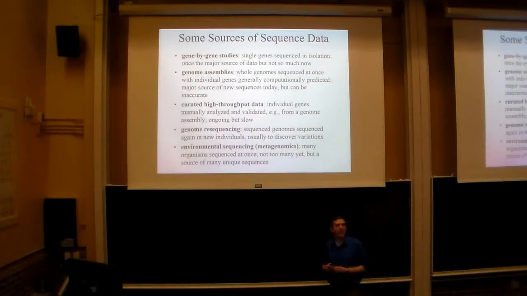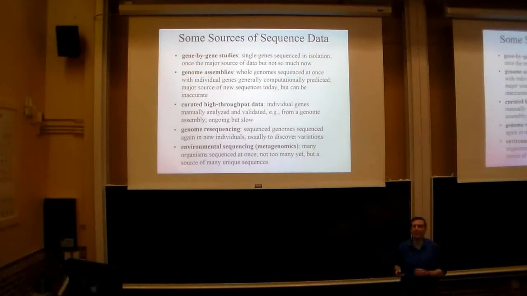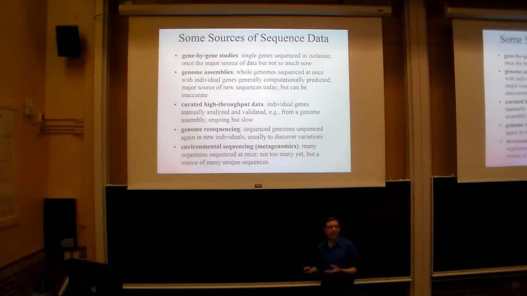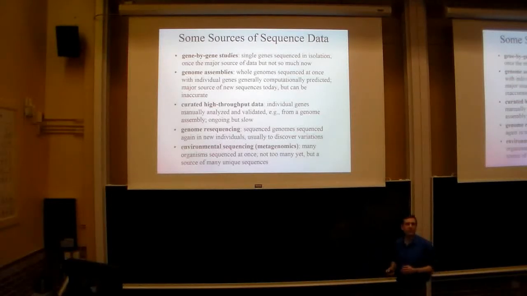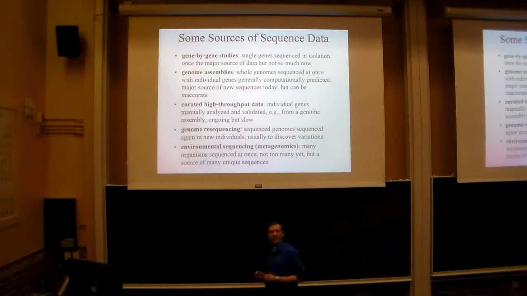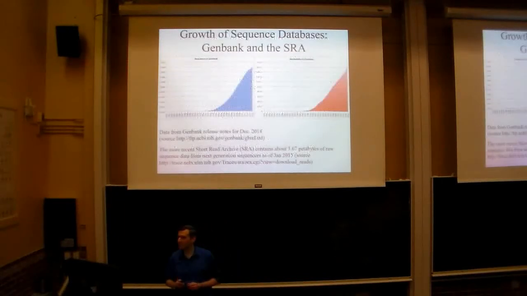So an example of microbiome sequencing would be taking samples from the guts of human beings, so looking at lots of different people, taking samples from their guts, and trying to figure out what are all of the microorganisms in those samples. And generally what you would try to do is just purify all the DNA from those samples, run it through your sequencing machines, and then computationally try to figure out what's there, which pieces go together, and so forth. So that is some of the major ways we end up with sequence in these databases.